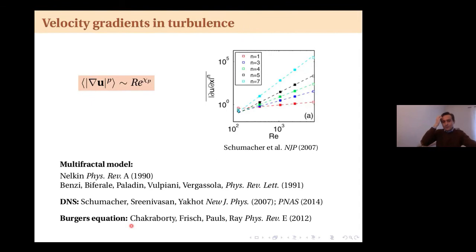I would like to stress that the quantities that were already discussed by John and that I'm going to discuss are slightly different from these ones. On the one hand, we are able to raise the derivative of u up to higher order. We can take n greater than 1 and take moments of these quantities.